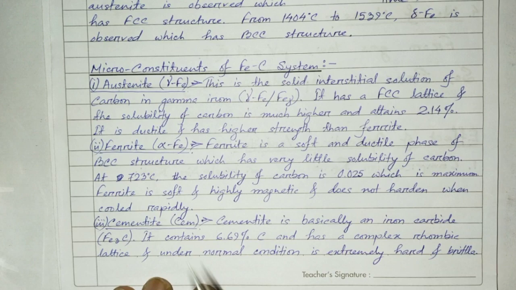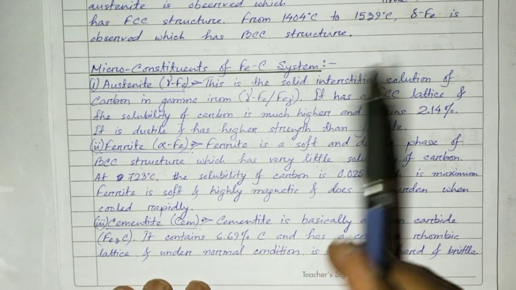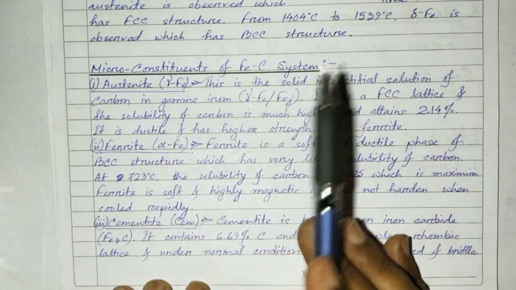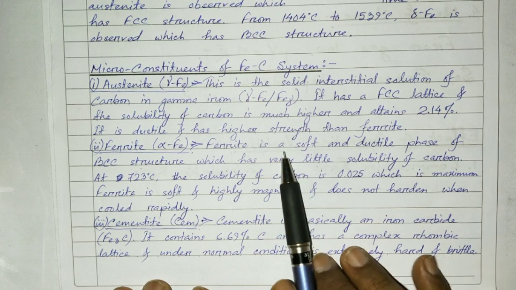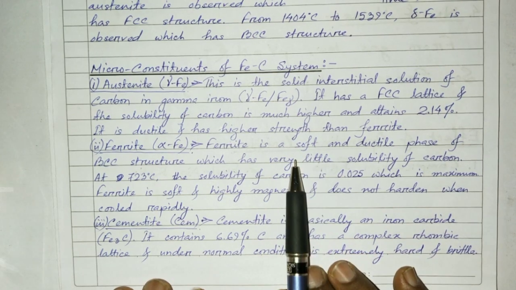Next, we are going to learn about ferrite. Just like austenite, as you have seen in the previous diagram, ferrite is BCC in structure, and it is generally seen up to 910 degrees centigrade.